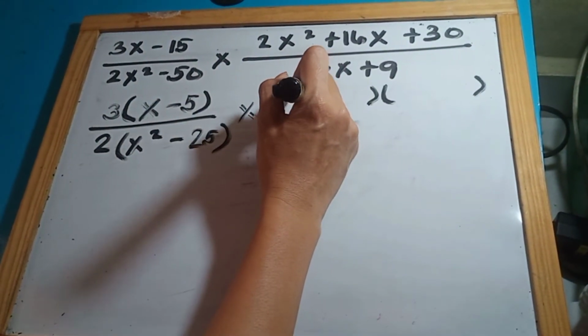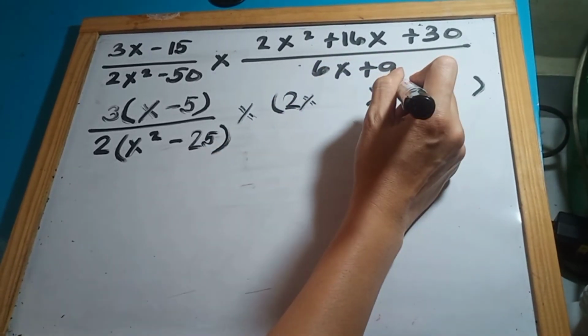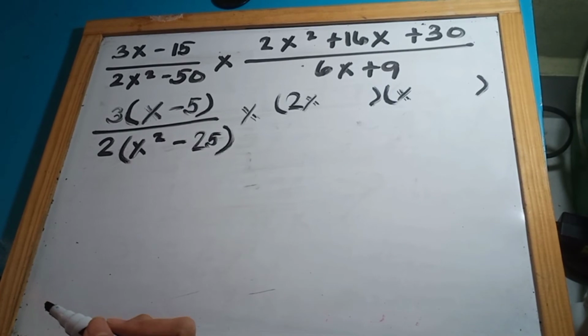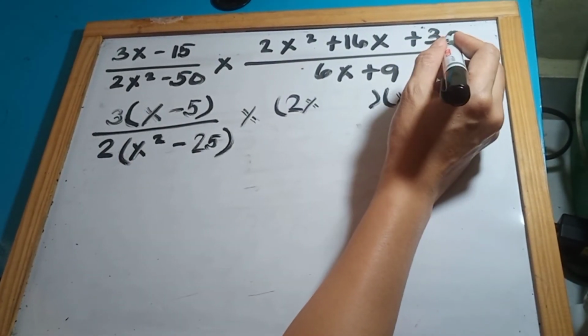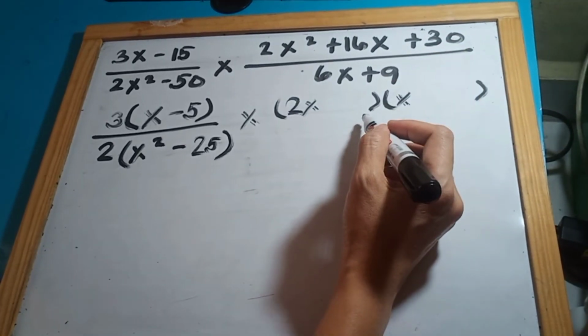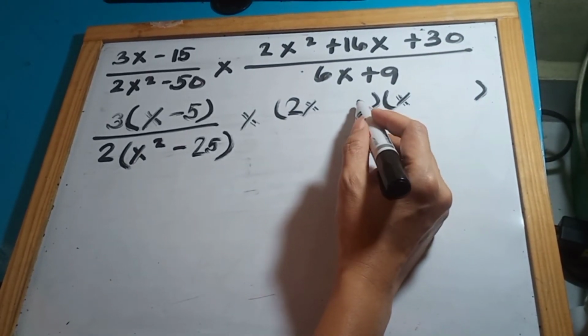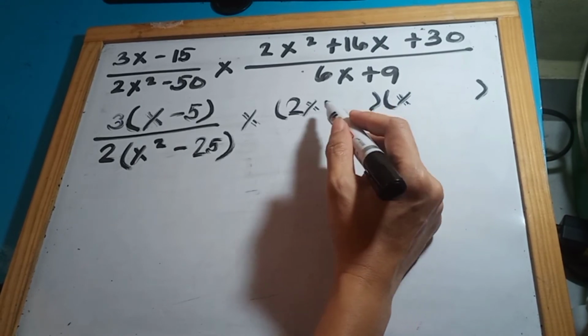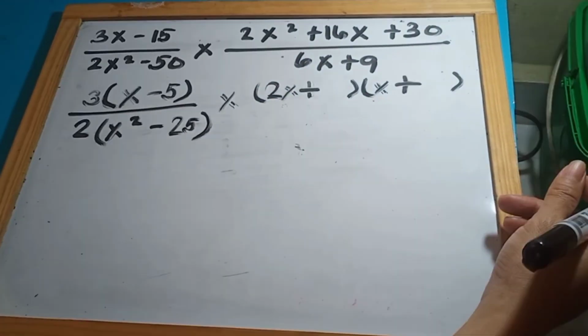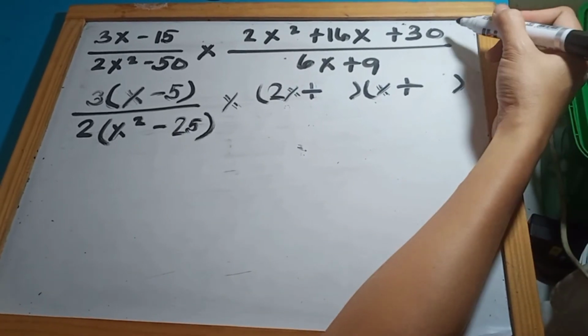So, we have here 2x and then we have here x. Okay, next, plus 30. So, ano yung factor ni 30 na kapag pinagsama natin si inner term at saka si outer term is magiging 16x. Right, so let's now have the factor of 30.